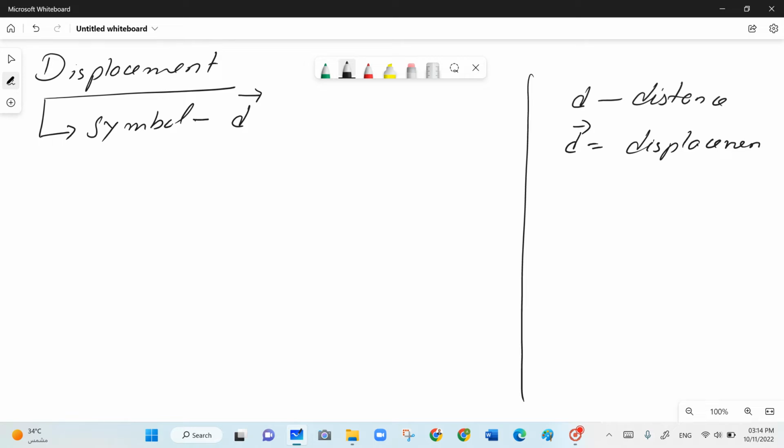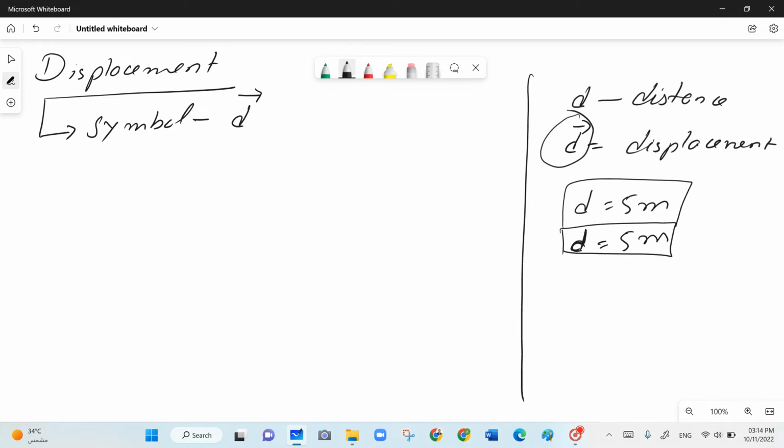And second, there are many ways to represent displacement, but the most favorite way is to use the arrow tip line. Suppose this is d, and it has 5 meter. There is a big difference between this one and this one.